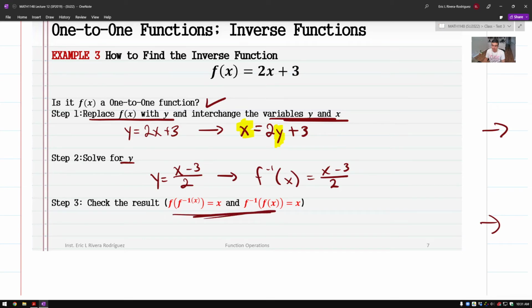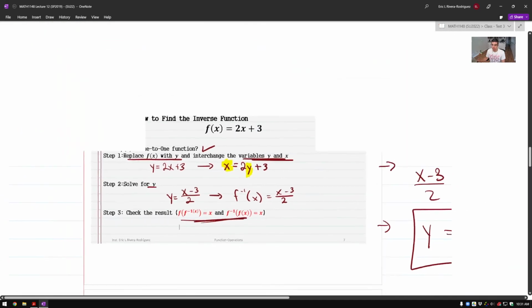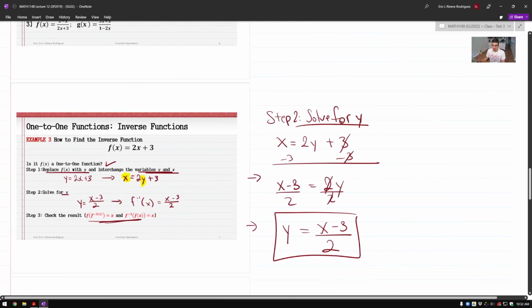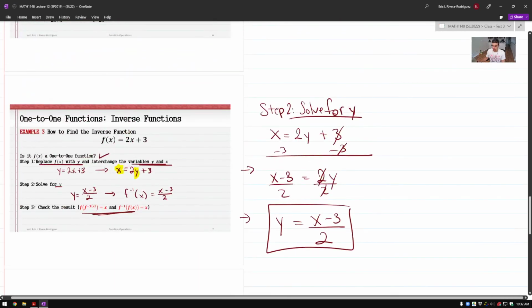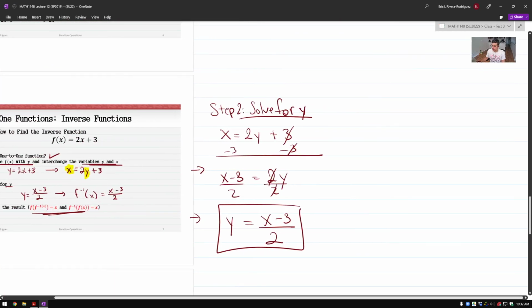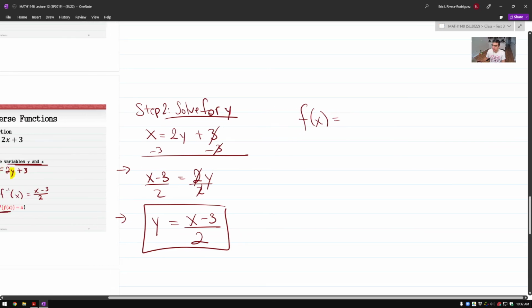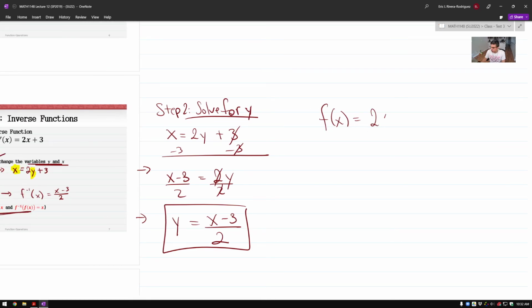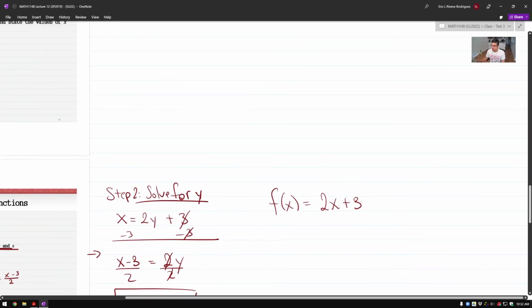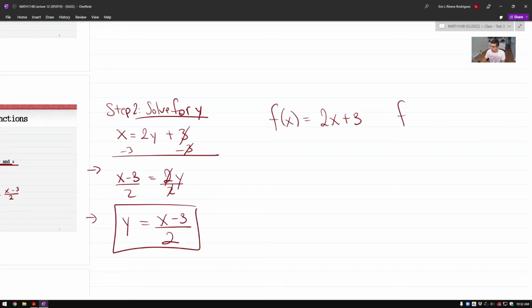And then the last thing you want to do is to check that indeed we have found the inverse function. So let's do that. I have f to be 2x plus 3, and what I got is that its inverse is x minus 3 over 2.